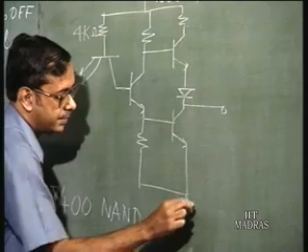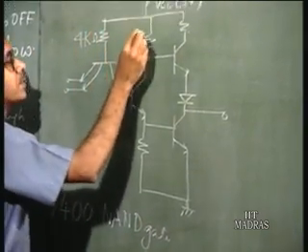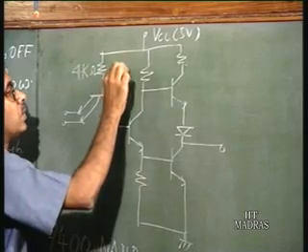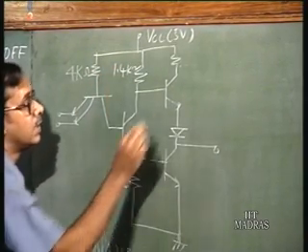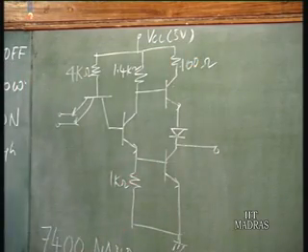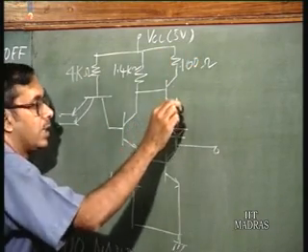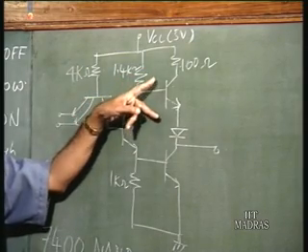This is 4 kilo ohm, this is 1.4 kilo ohm, this is 1 kilo ohm, this is 100 ohms.